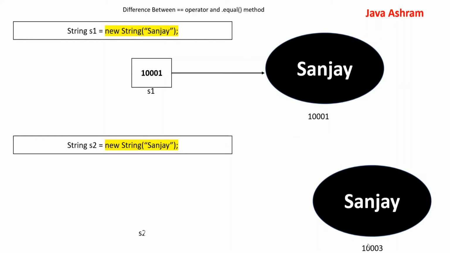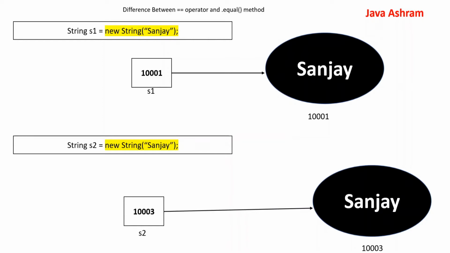Thereafter String s2 will also get created in stack memory, and s2 stores the address of this object, 10003. Once s2 stores this address, it starts referring to this object. So s1 is referring to one object and s2 is referring to another. If you see, both are residing at different locations or different addresses.